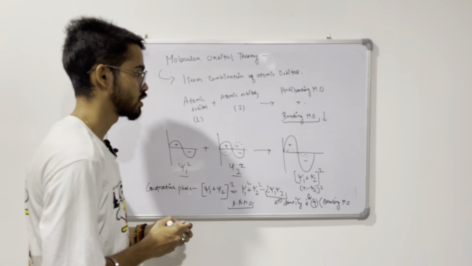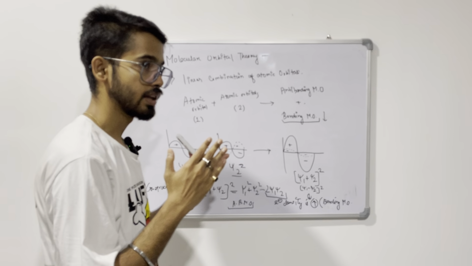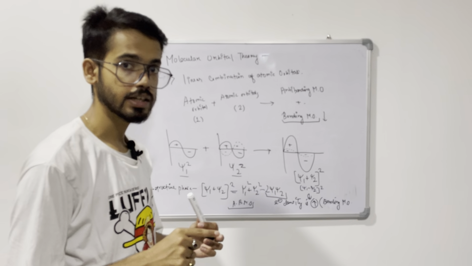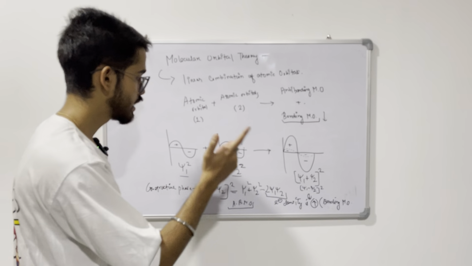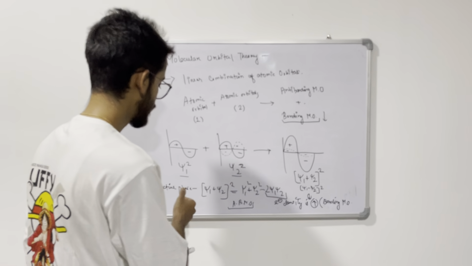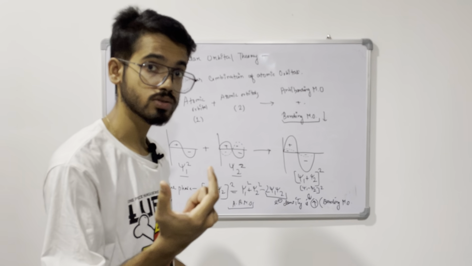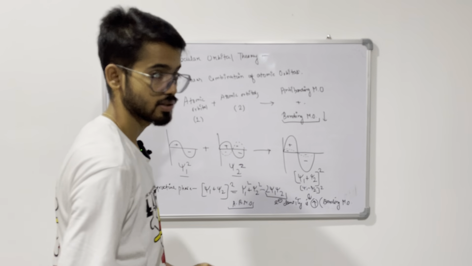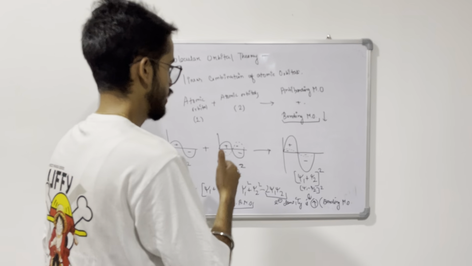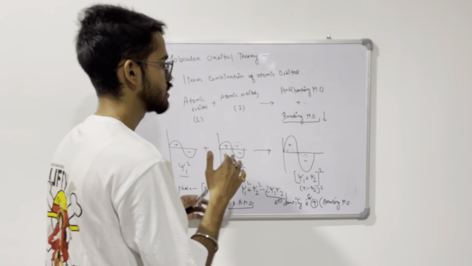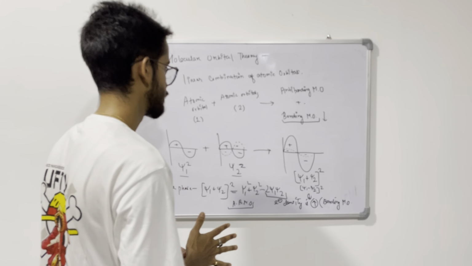In the antibonding molecular orbital, the electron density in the internuclear region decreases because of this destructive phase interaction, and in the bonding molecular orbital, the electron density in the internuclear region increases because of constructive phase interaction. Okay, now we have a clear understanding of bonding and antibonding molecular orbitals.